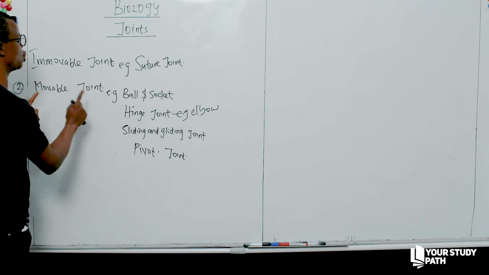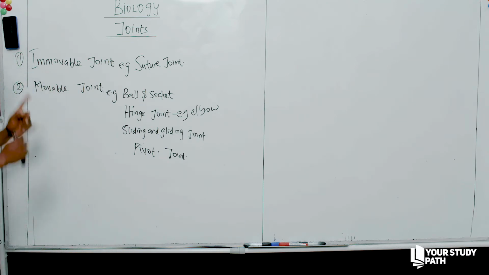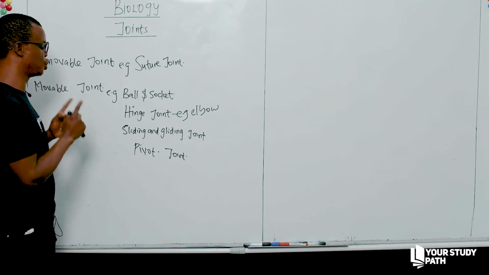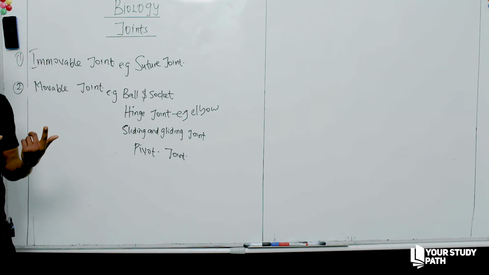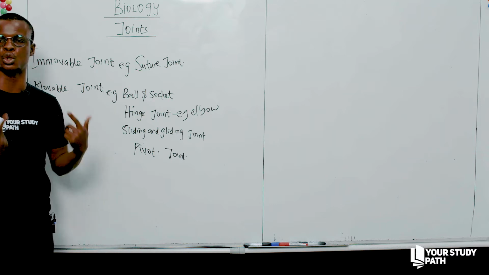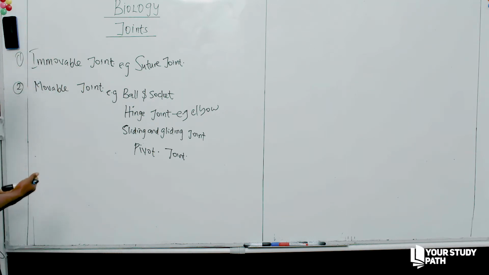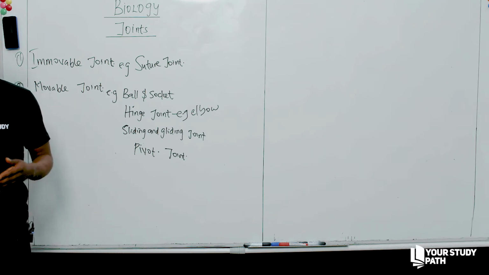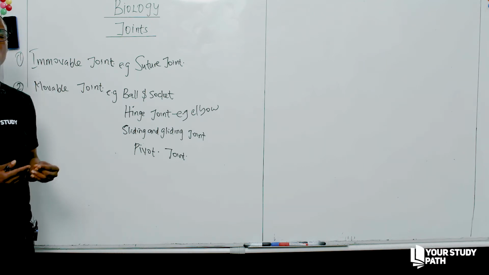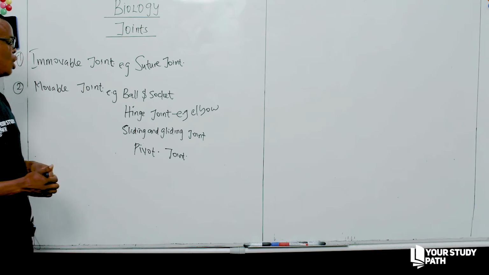Then we have the movable joints. Good examples are the ball and socket joints, the hinge joints, the sliding and gliding joints at the wrist region, and the pivot joints. These are good examples of movable joints.